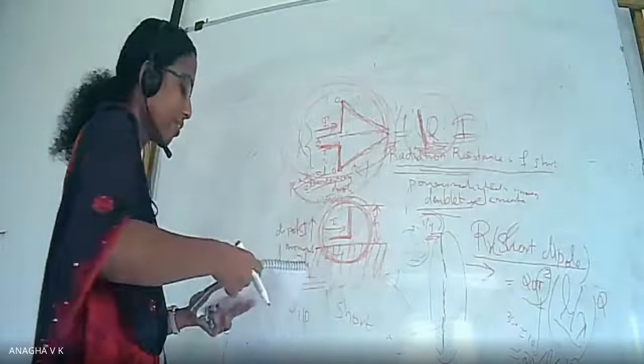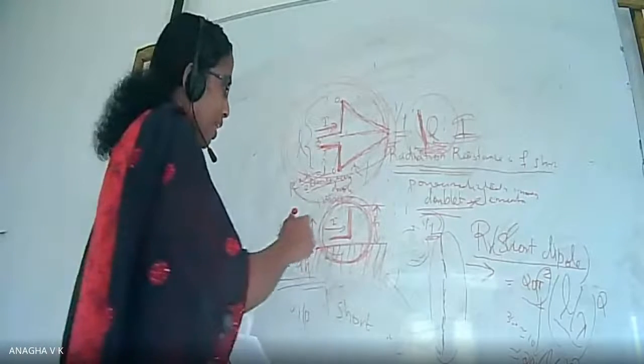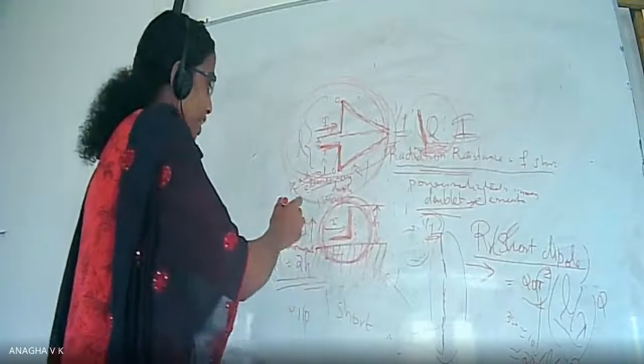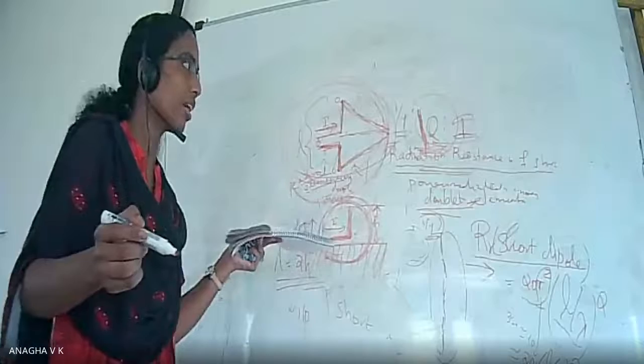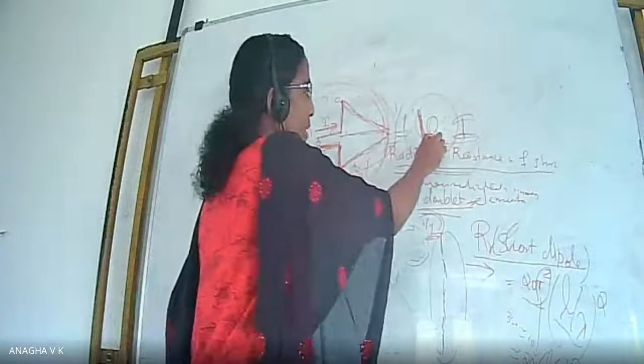When we consider the dipole and monopole, the field strength at every point across the dipole was half compared to this.